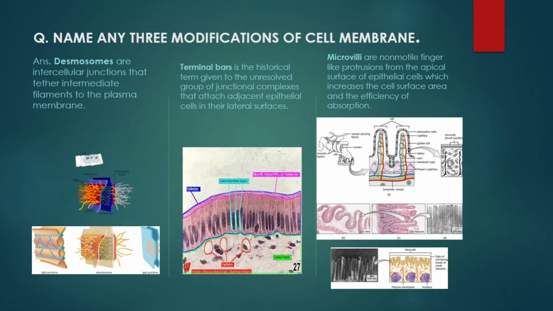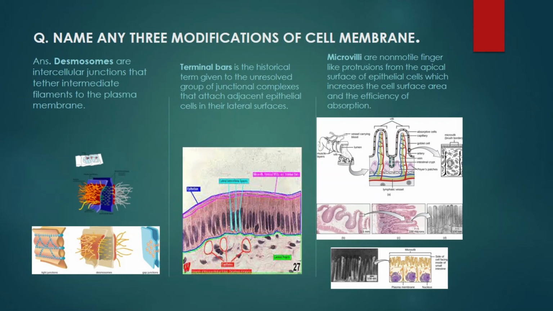Though non-motile, it has another function, that is it increases the surface area. By increasing the surface area of the cell, it helps the efficacy to absorb things. The cell has to absorb something, so for the efficacy of absorption these microvilli are used.